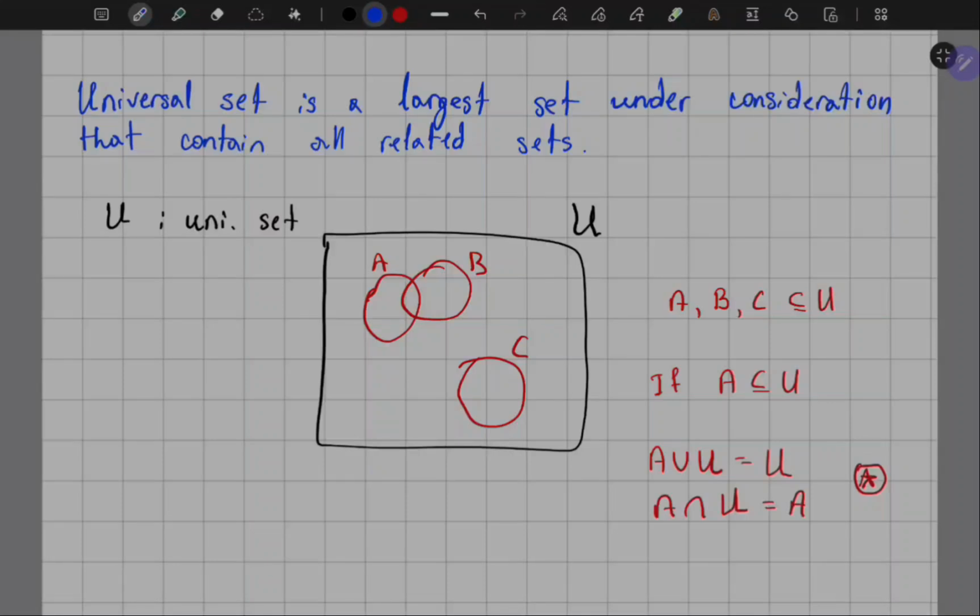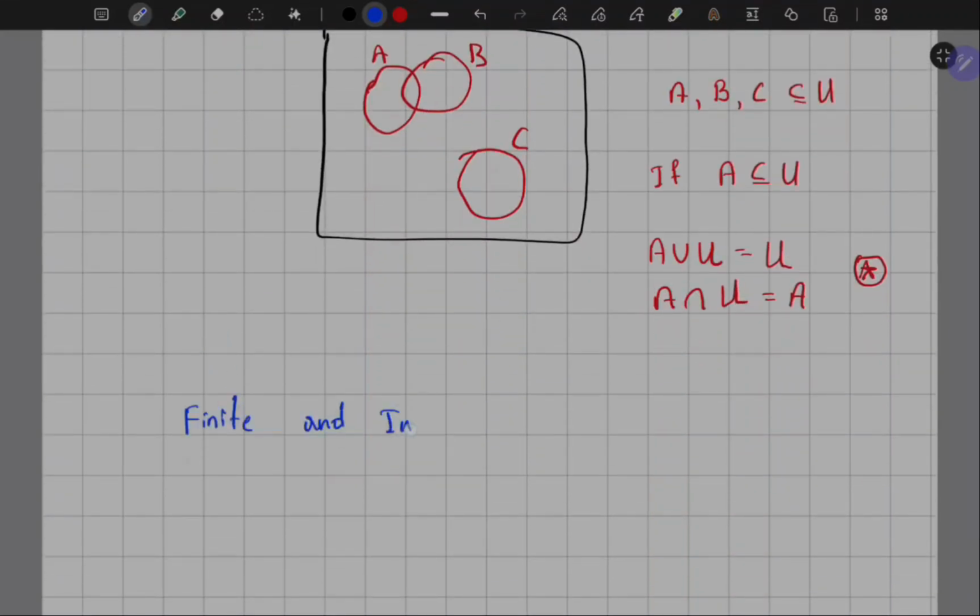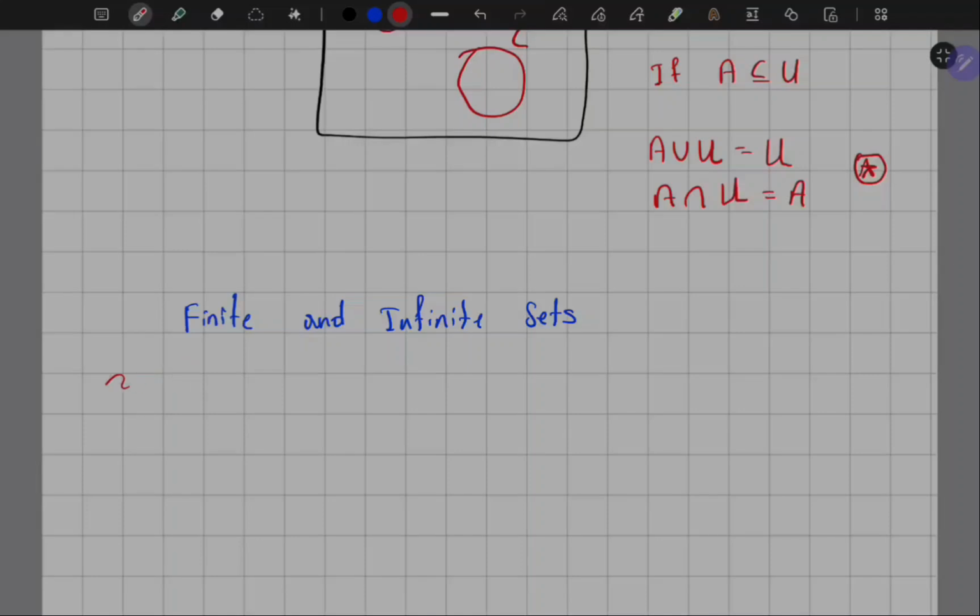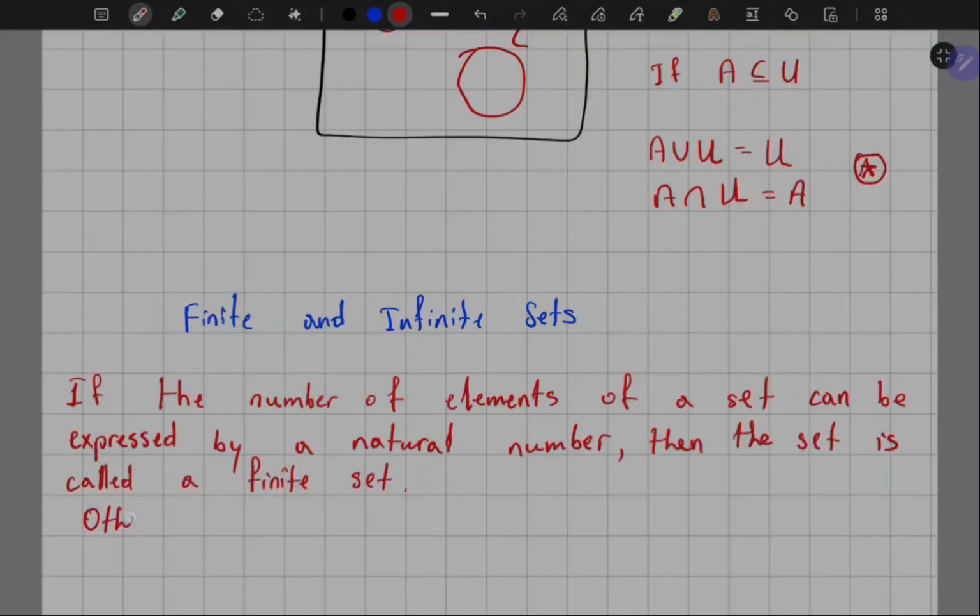After giving the definition of universal set, now let's see what finite and infinite sets are. Let me write its definition. The definition says that if the number of elements of a set can be expressed by a natural number, then the set is called a finite set.